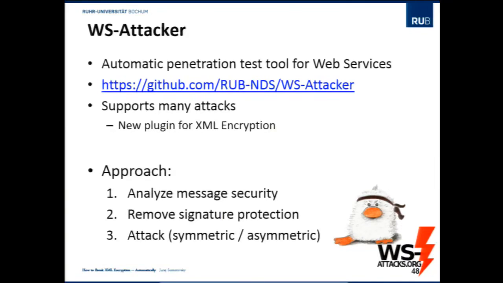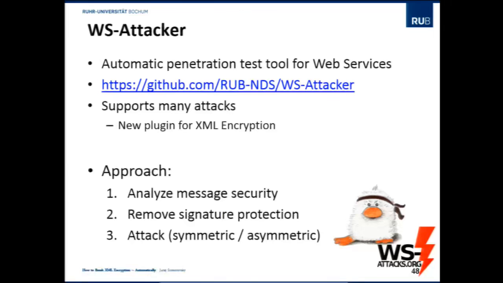You can find it on GitHub. It supports many attacks like SOAPAction spoofing, WS-Addressing spoofing, and also some denial of service attacks. In our recent work, we implemented a plugin for XML encryption.